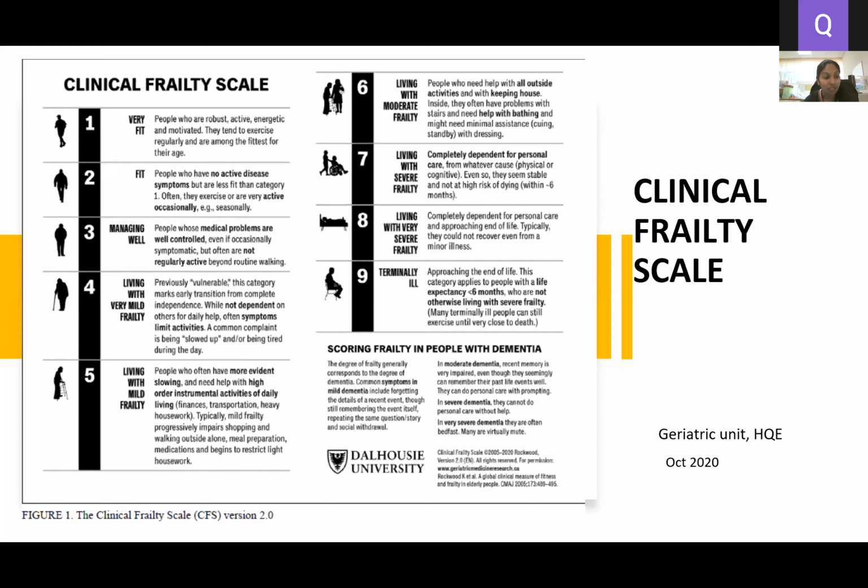So today we are just going to speak about the clinical frailty scale and its application in clinical practice, especially in the context of COVID-19. We've been dealing with COVID for the last 10 months.